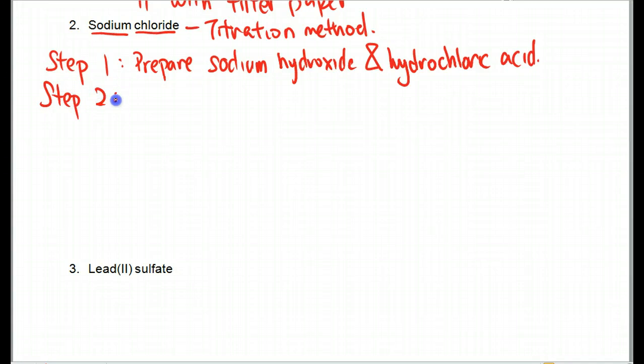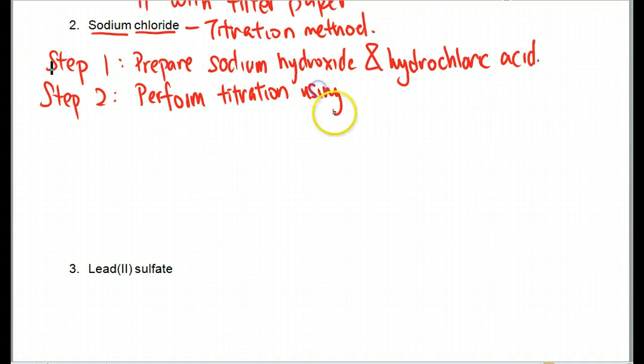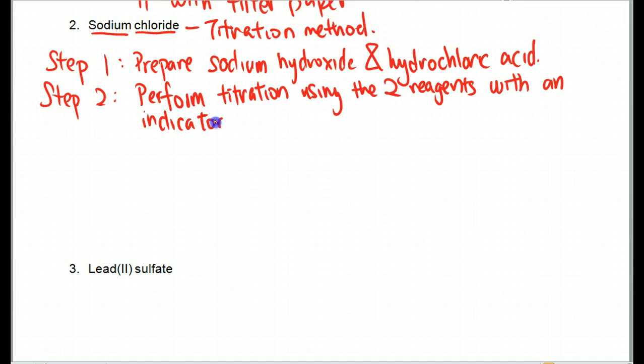Step 2, using the two reagents, in this case sodium hydroxide and hydrochloric acid, and an indicator to find the endpoint volume.